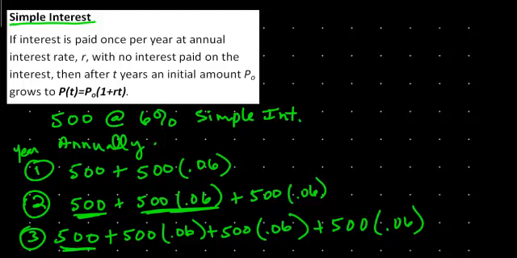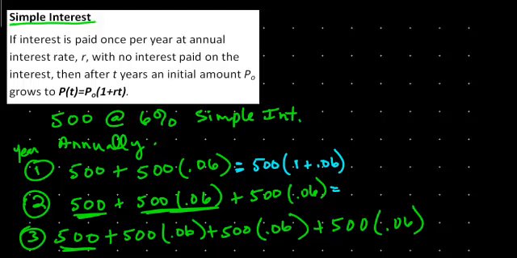And you might start to see a pattern here. If I look at the end of year one, what did I have? Let me go in this color. It's going to be, if I take 500 times 1 plus 0.06, right?